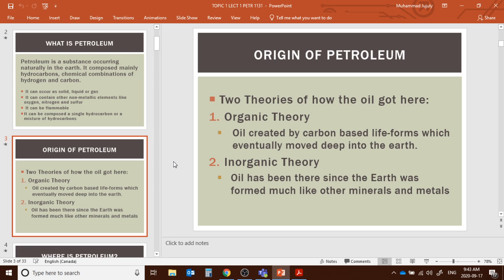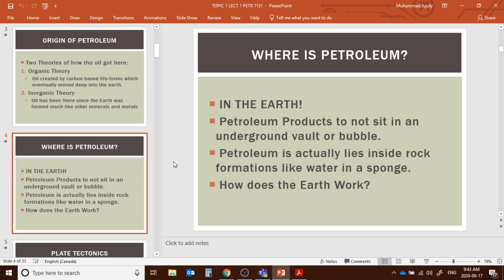One example is that in many cases, at oil and gas sites, we actually find lots of fossils. The fossils of dinosaurs and many other fossils actually bolster the organic theory over the inorganic theory. So that is the origin.